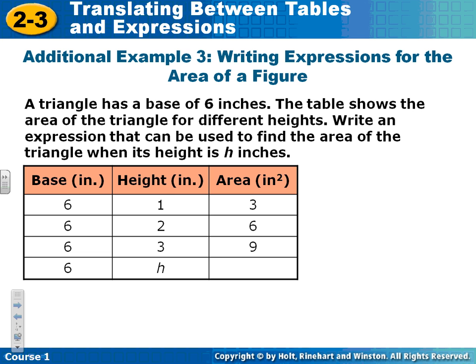Do you guys remember the formula for area of a triangle? Have you ever worked with that? How about base times height divided by 2?